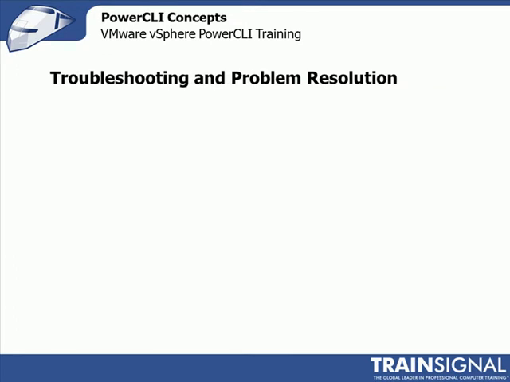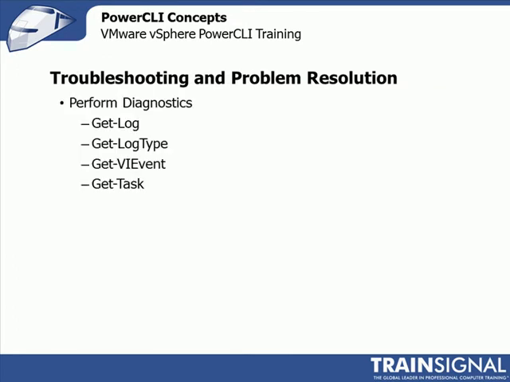Under troubleshooting and problem resolution, we have the ability to perform diagnostics with things like get log type, get VI event, and get task. Get log, for example, is used to retrieve log entries. So you could grab a VM kernel file, or you could grab a VPXD log file. Those are just a couple examples.